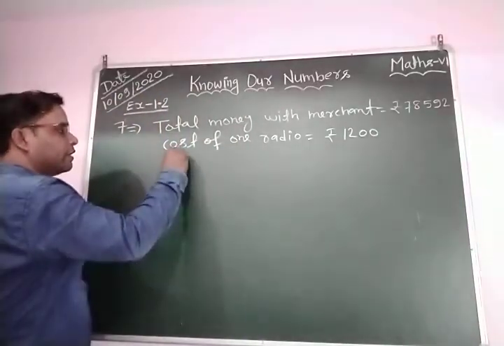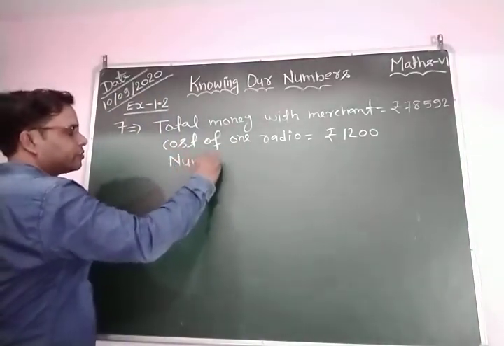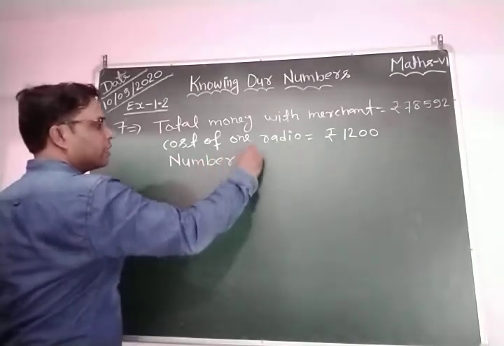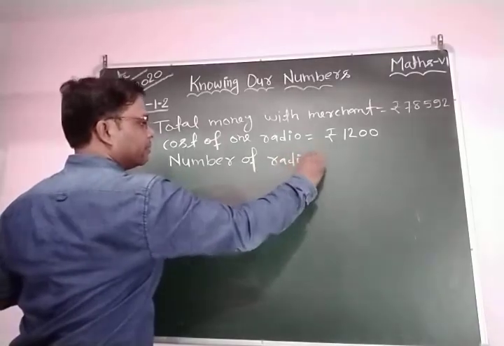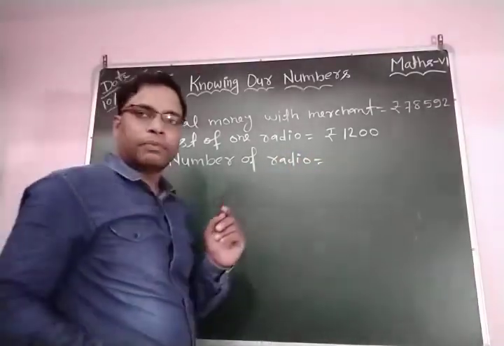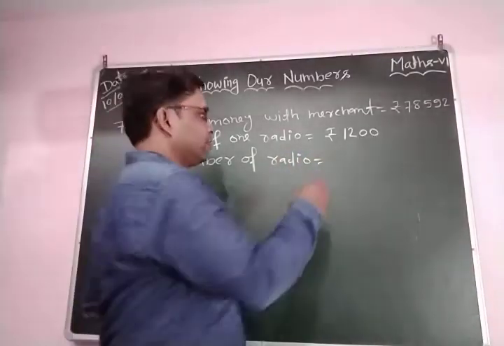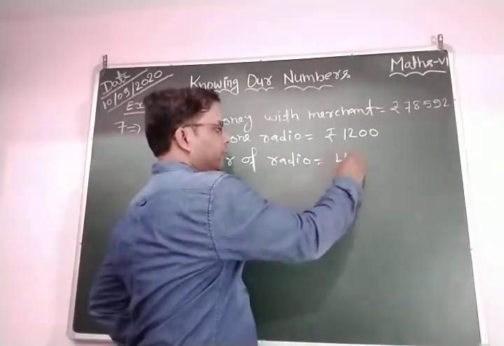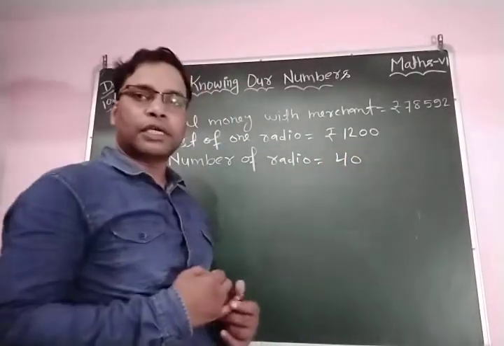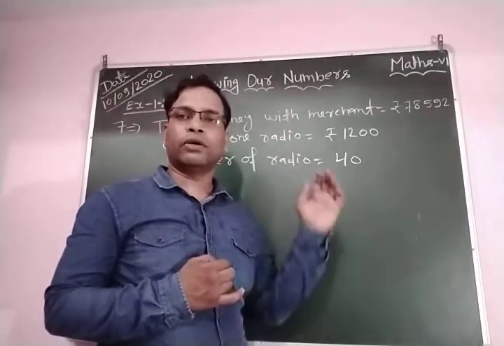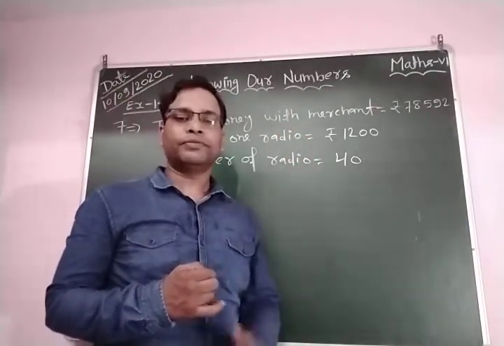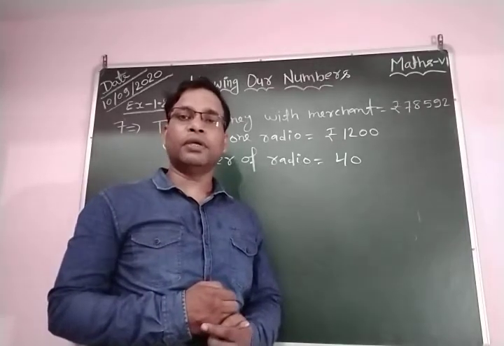This is given: number of radios. How many radios purchased by the merchant? This is given, 40 radios, and also this is given the cost of one radio. The cost of one radio is 1,200 rupees. Now we need to find the cost of 40 radios.